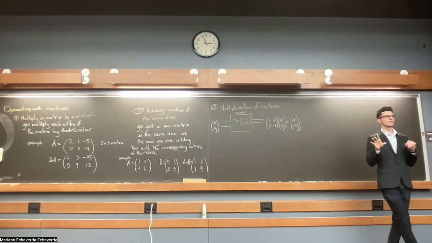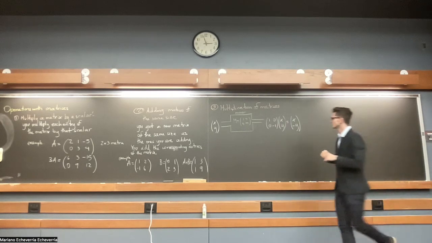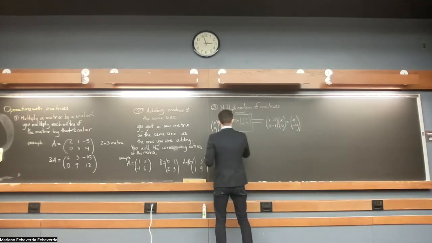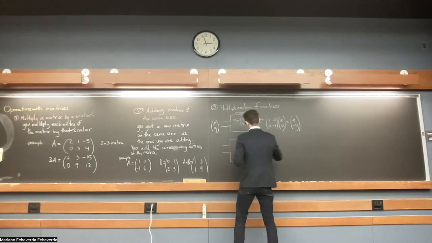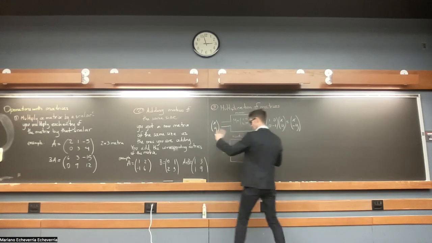And then if you check the Canvas mini assignment that I gave you, which was due today, I asked you to find this switch matrix. That's what I called it. So let's think about that one. The switch or the flip, however you want to call it, you're switching the entries.